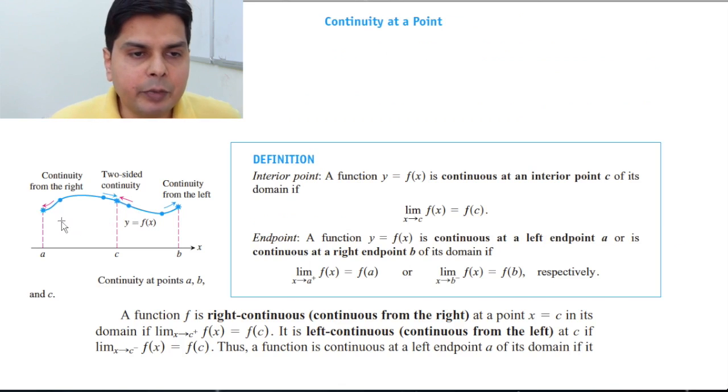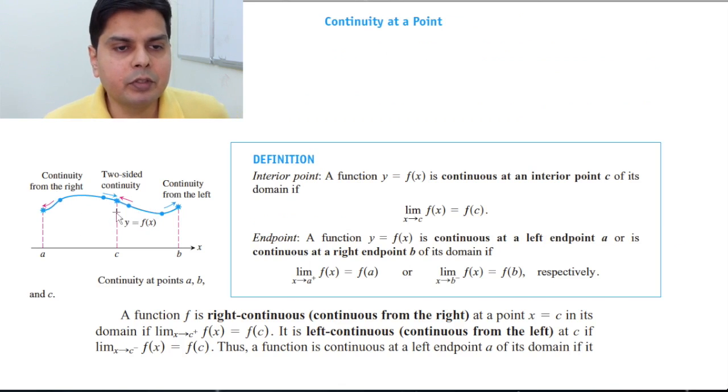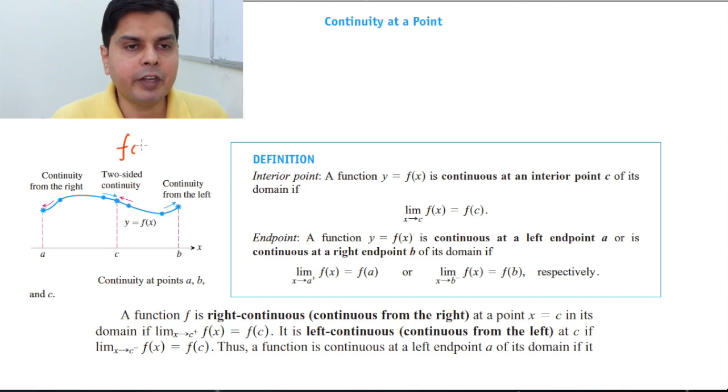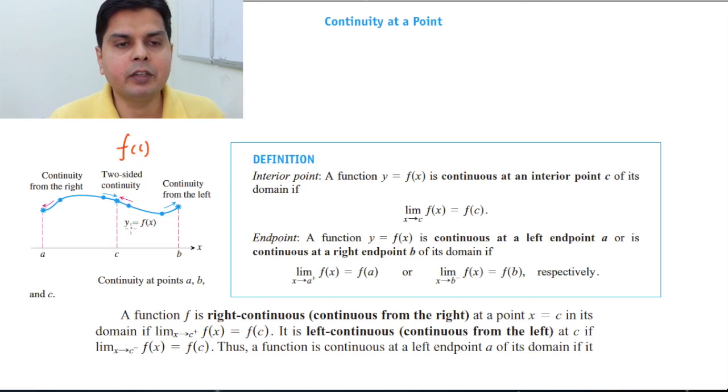The same thing I am explaining using a graph. Suppose this is the graph of my function y equal to f(x). If I have to check continuity at this point c, then first of all, the function has to be defined at c, that is f(c) has to exist. This is condition number one. Number two is that the limit of this function as x tends to c has to exist.